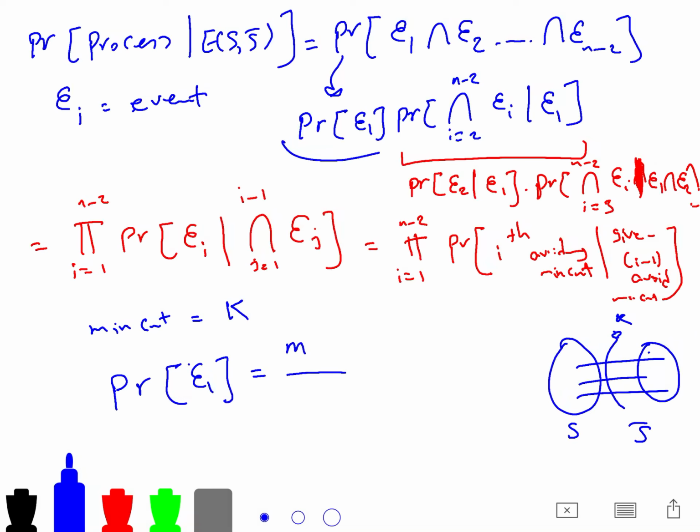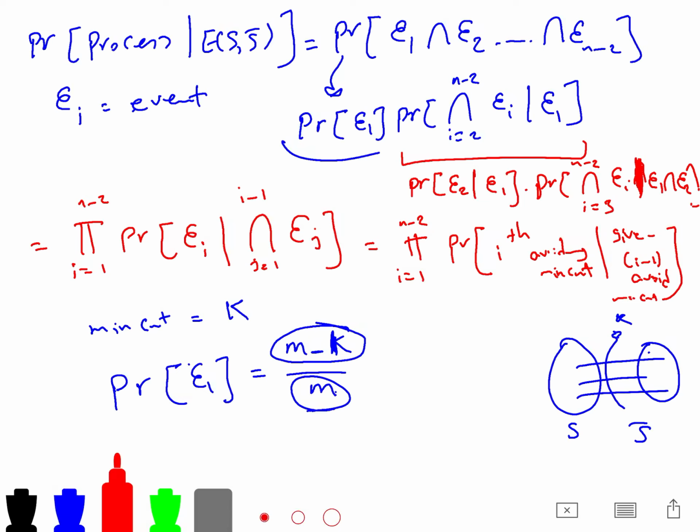If you just forget to use those k edges that are going across, then this is the probability of E1, because m minus k edges are very good edges. We are very lucky to use those m minus k edges. These are good edges. And total edges are m, so this is the probability of E1.